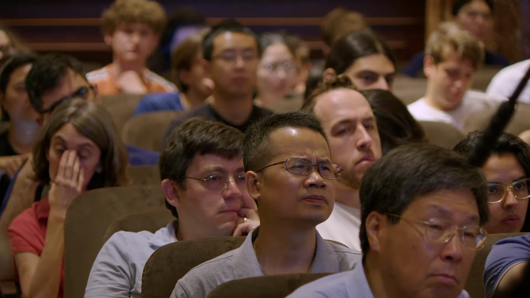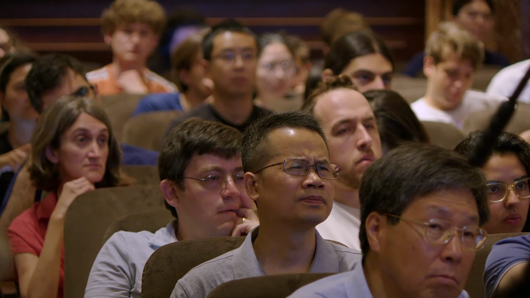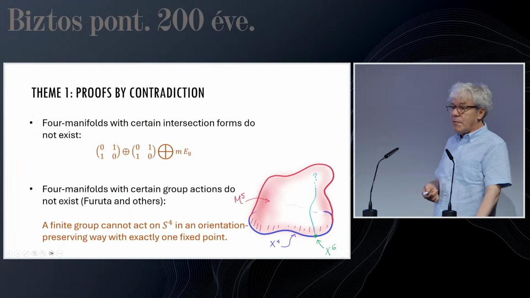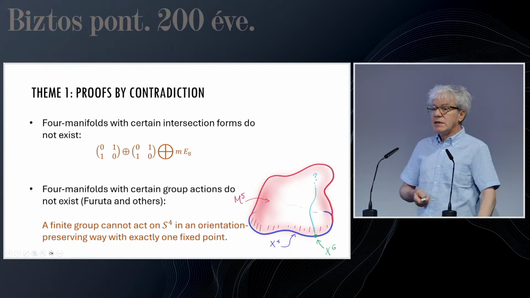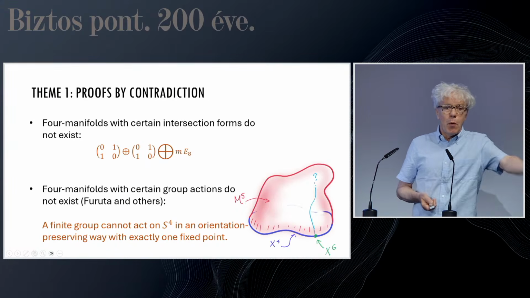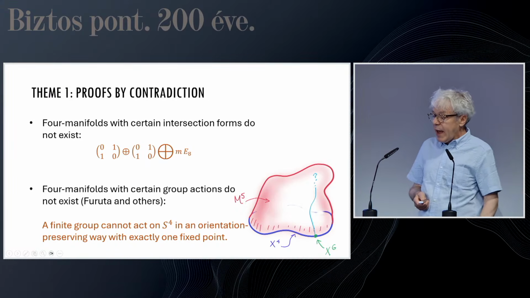A one-manifold can't have just one end. That question mark up there means something else has to happen to that fixed point set. It has to land up at some other fixed point on the boundary. So the group action on X has to have another fixed point somewhere.